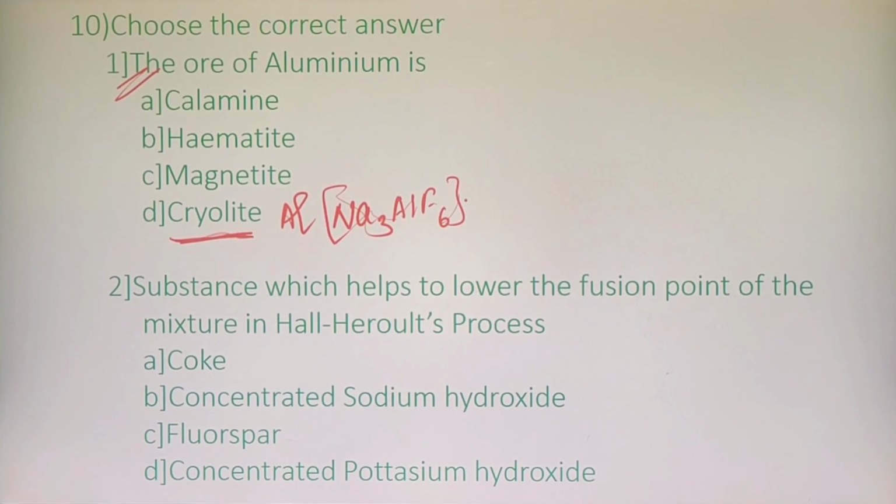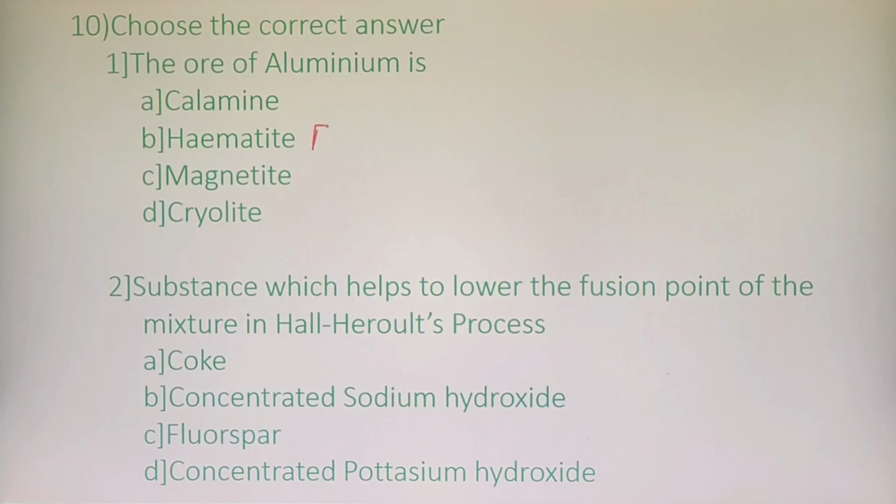Am I clear? So the answer here is cryolite. Calamine is an ore of zinc. Hematite is an ore of iron. Magnetite is also an ore of iron. Am I clear? So the correct answer here is cryolite.